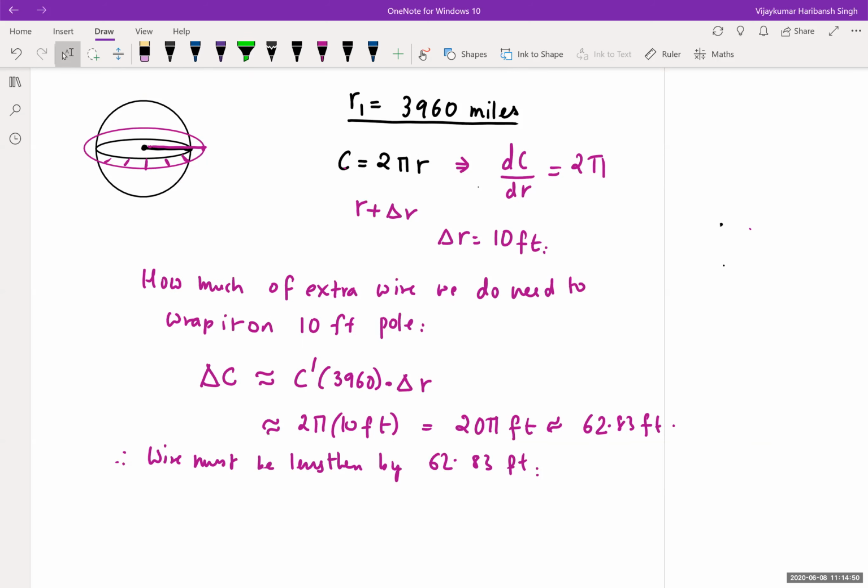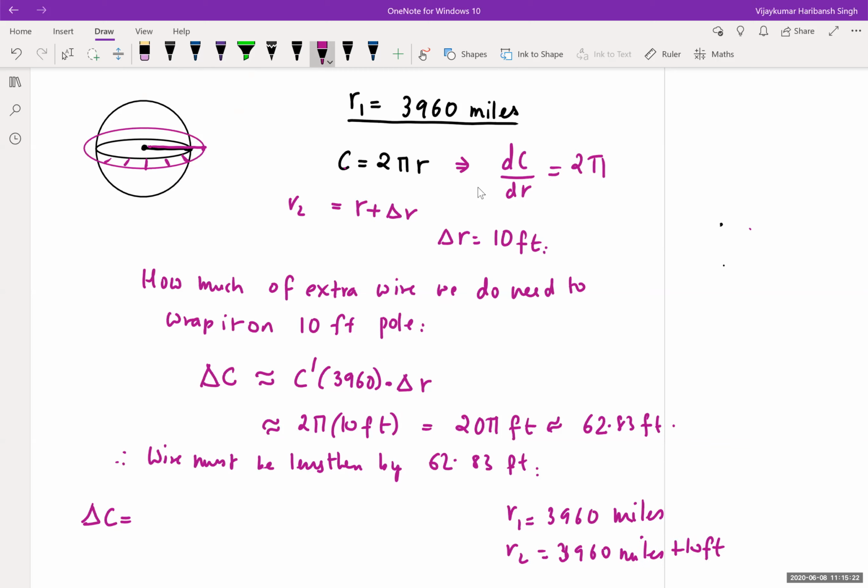I mean, this is a simpler case. So let's see, what is delta C? Delta C is the change in C. R1 is 3960 miles, and R2 is 3960 miles plus 10 feet.